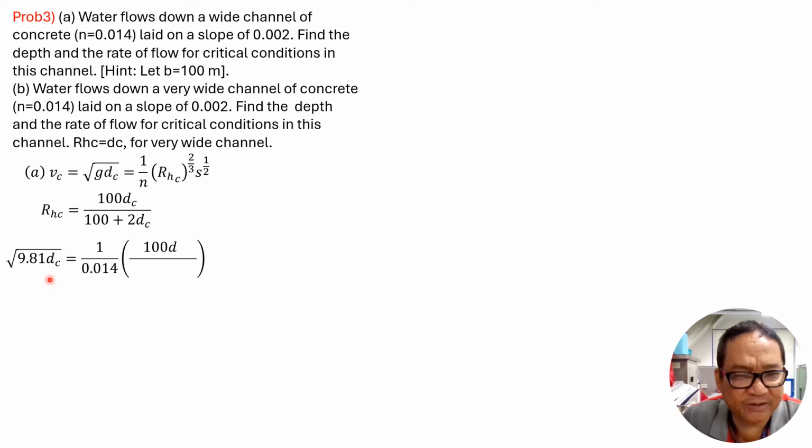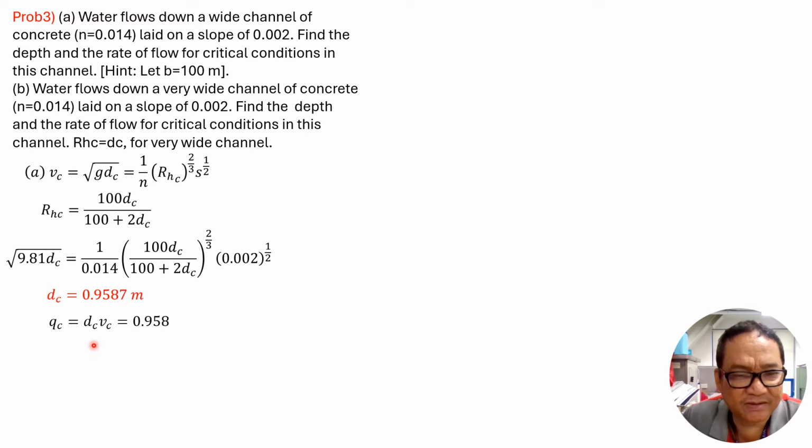So square root of 9.81 d sub c is 1 over n hydraulic radius critical to the 2/3 slope to the 1/2. Using your calculator, d sub c is 0.9587 meters.